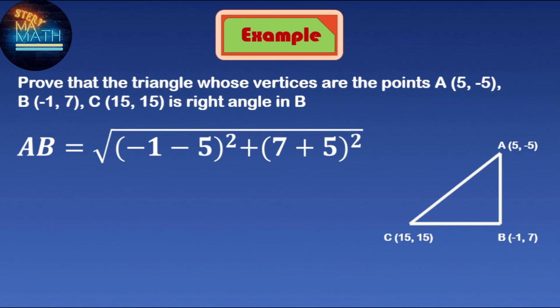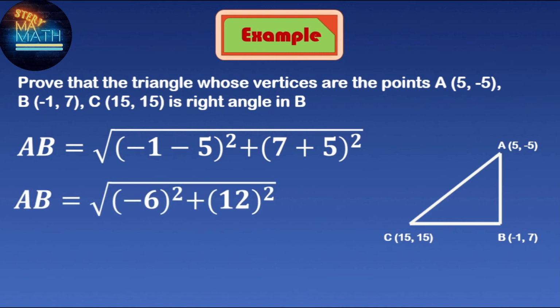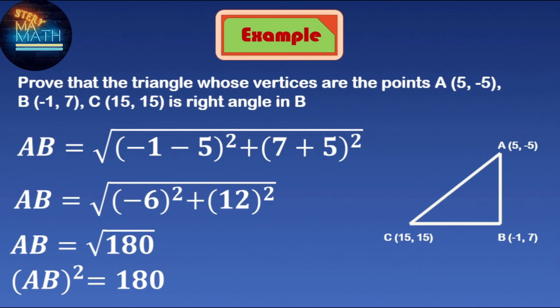And now negative 1 minus 5 is negative 6. You can just do the math. And 7 plus 5 is 12, so it will be the square root of 180. But according to the Pythagorean Theorem, we have to square both sides.